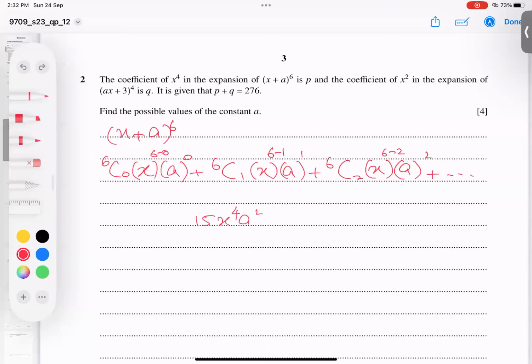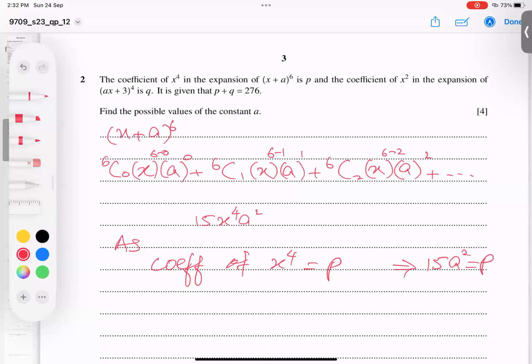So I can say that the coefficient of x power 4 is p, because he mentioned here. So 15a squared I will take from here. So 15a squared equals p. This is done.